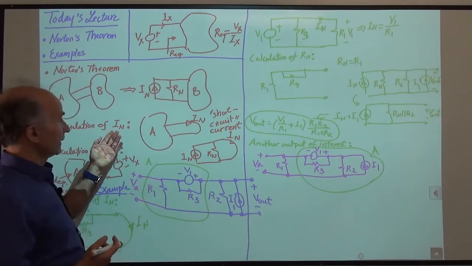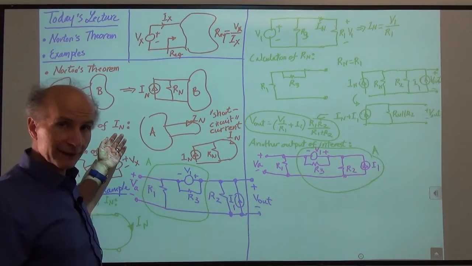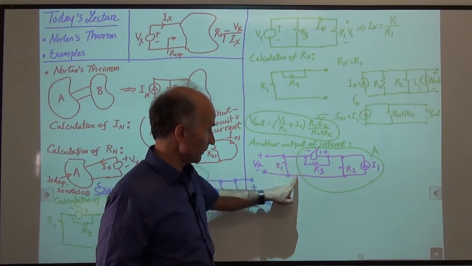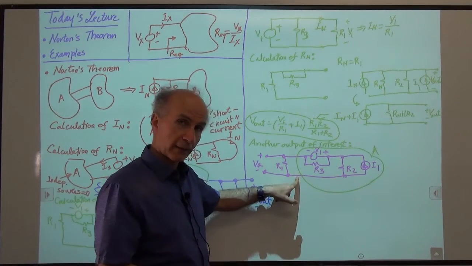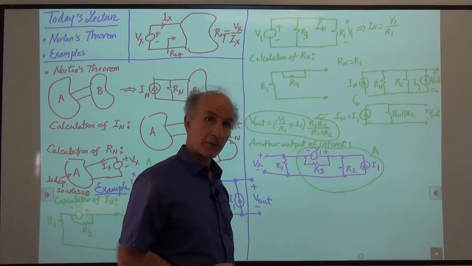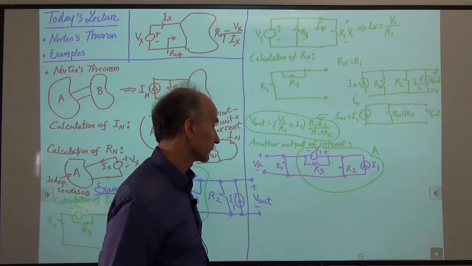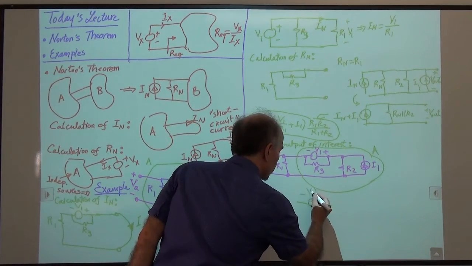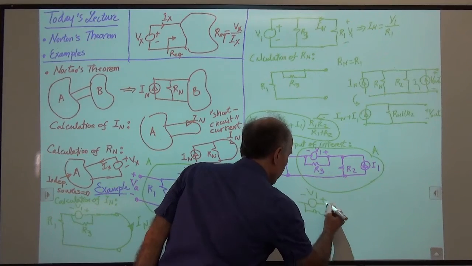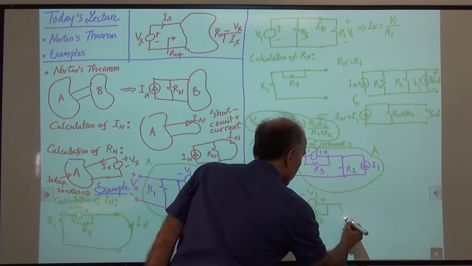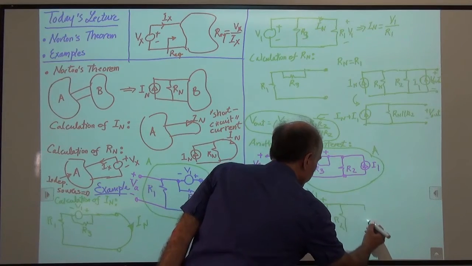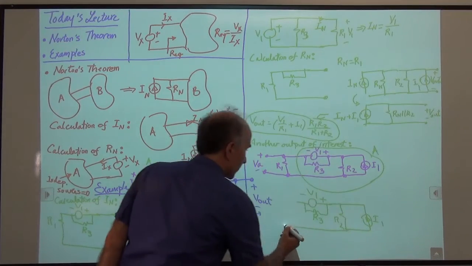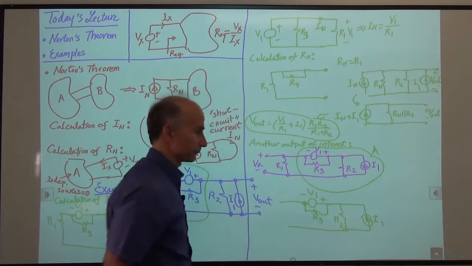Well, we follow what Norton said. First, we have to find the short circuit current. Norton says, take the circuit, which has two wires, place a short circuit between these two, and find the current that flows through that. There should be a current because there are some independent sources here generating voltages and currents. Okay, so let's do that. We'll redraw the circuit like this: V1, R3, R2, I1, and then these are the two wires coming out, right?